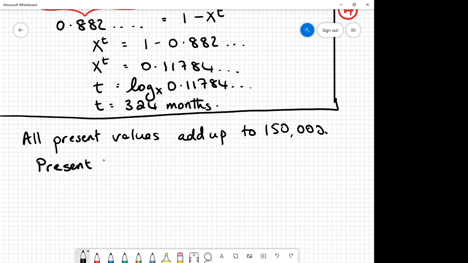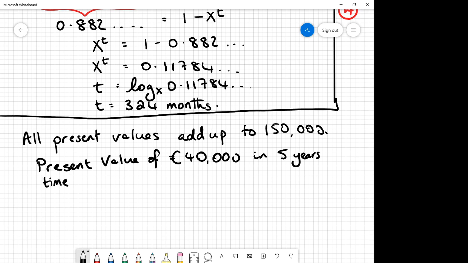Well, the present value, not of 150,000, but the present value of €40,000 in 5 years' time is 40,000 over 1.0825 to the power of 5, which is equal to 26,910.42.